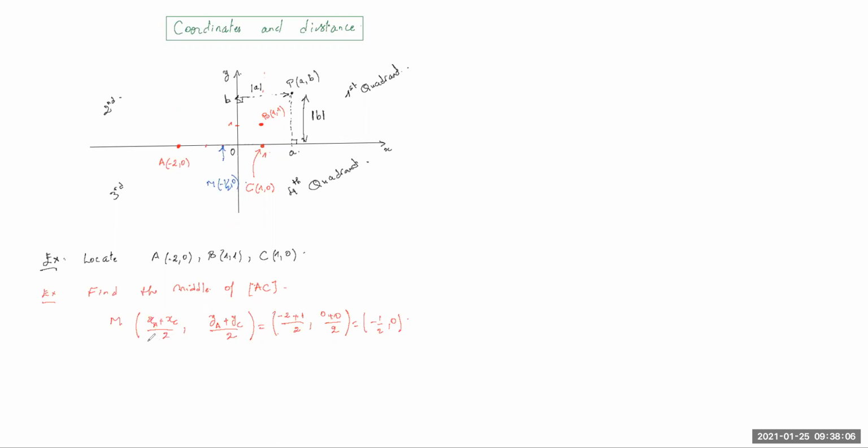What if we were asked to find the distance between 2 points?